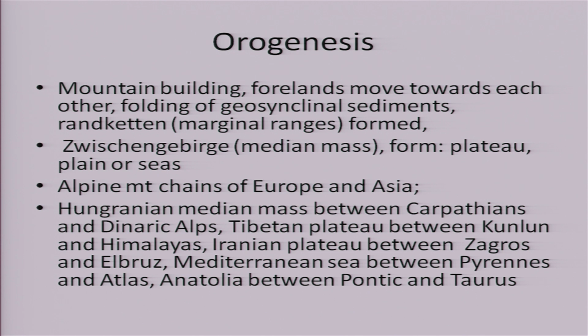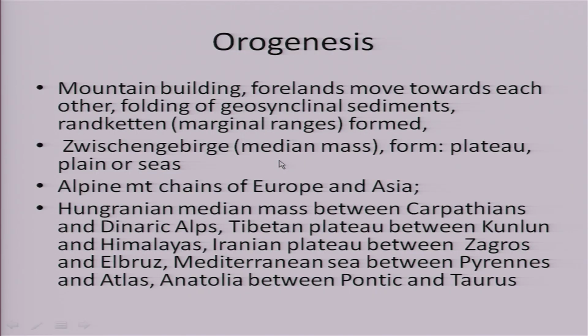Kober also explained that sometimes, instead of all the sediments being formed into fold mountains, there is a median mass, that is, a plateau formed in between, and only the marginal areas are folded. This happens when the stress force is not that high, or when there is a wide geosyncline; then only the marginal areas are folded. The central area or median mass, he called Zwischengebirge.